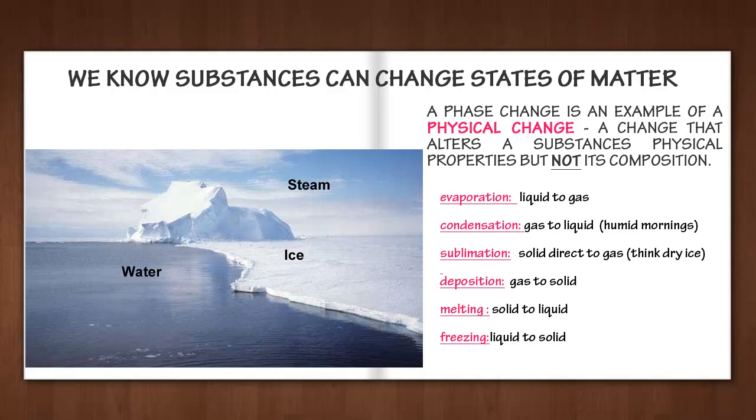A physical change is a change that alters a substance's physical properties, but not its chemical composition. This is important. The physical change only alters the physical properties of the material, not the composition. If the composition changes, that is an example of a chemical change. More on that in a second.